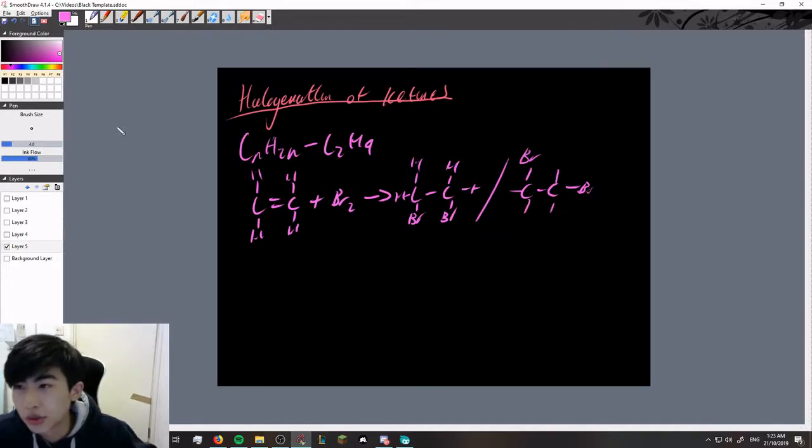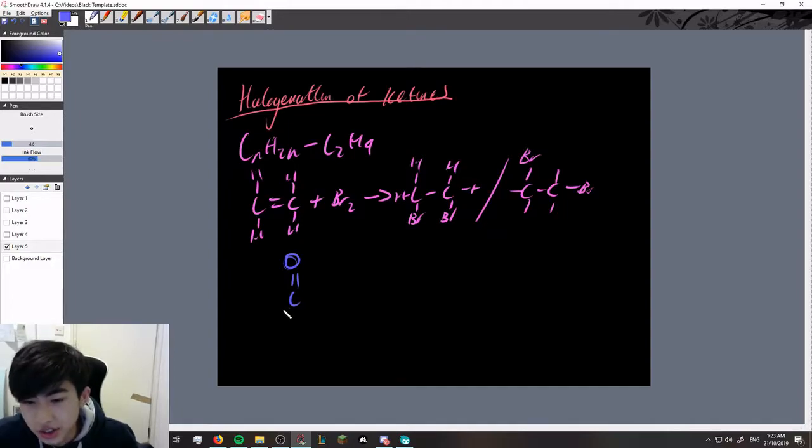Now, the other thing you may recognize is ketones. So ketones, what do we know about ketones? We know they have a carbonyl group, so that's just oxygen double bonded to carbon. And the other thing that separates them from, say, aldehydes is that they have R groups coming off both sides. What that means is just that they have carbons coming off either side of this carbonyl carbon.